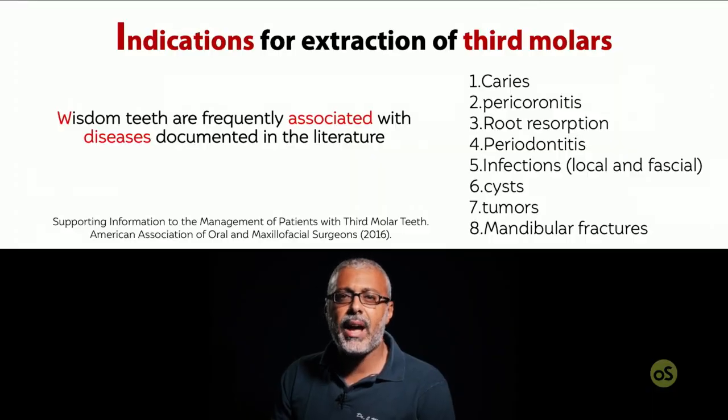First of all, we have to know that when we extract a wisdom tooth, we have to have a certain indication. Looking at the indications proposed by the American Association of Oral and Maxillofacial Surgeons in 2016, we know that wisdom teeth are frequently associated with pathologies and diseases that are listed in the literature.